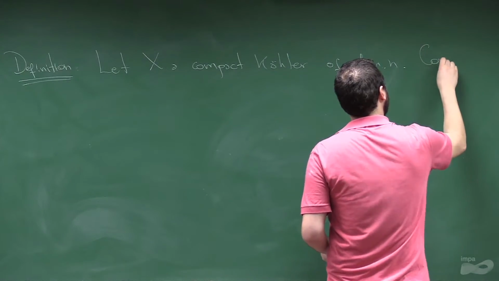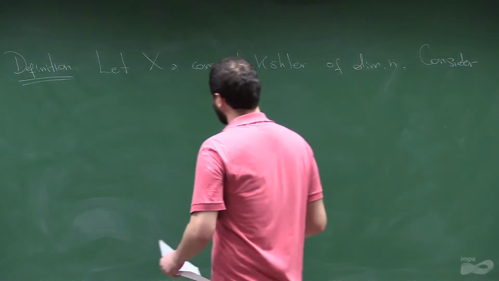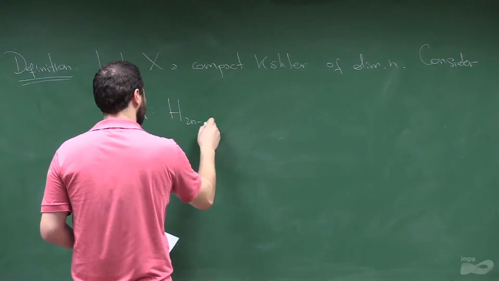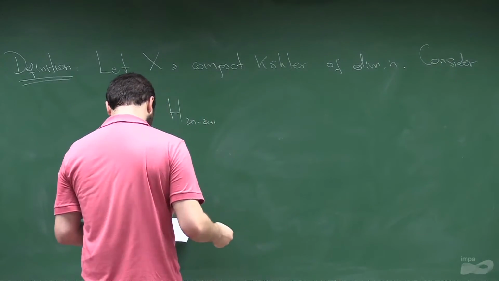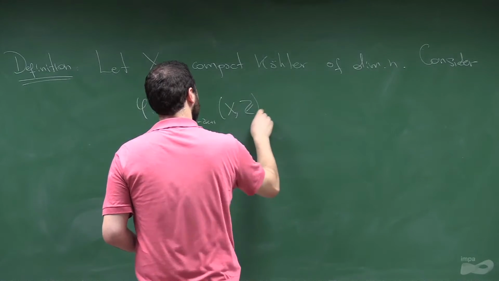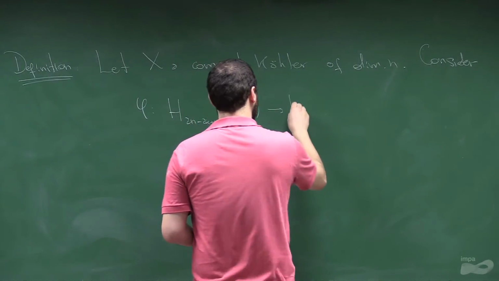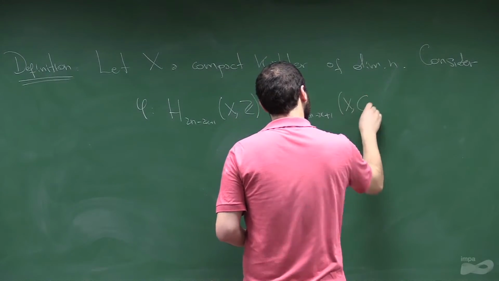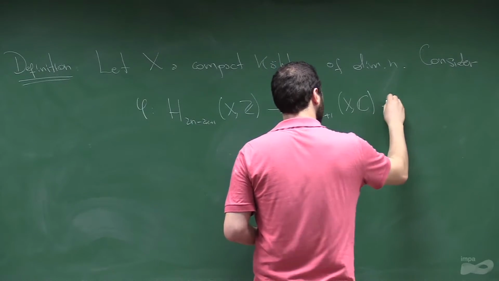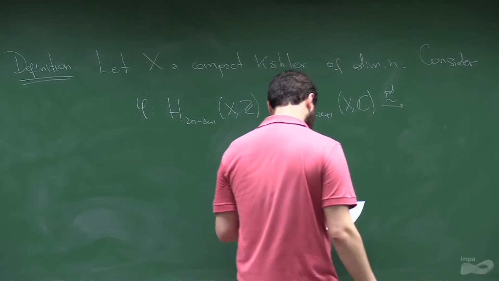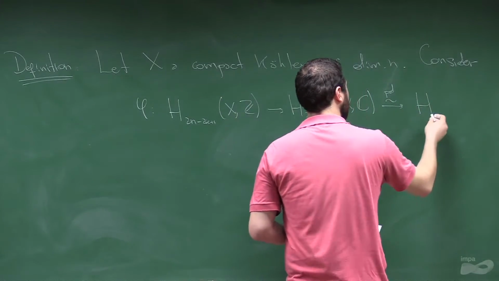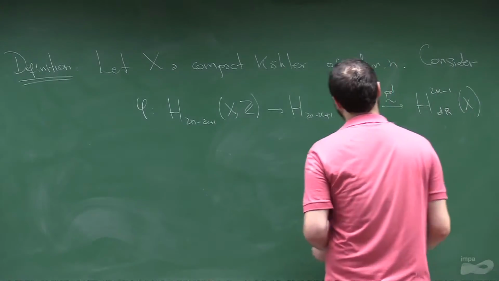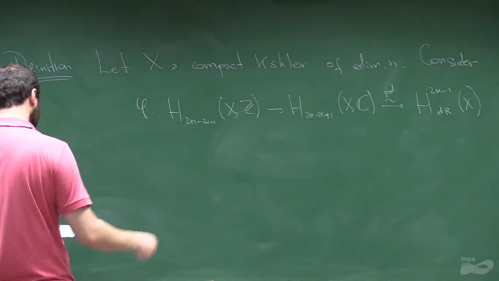So consider the map phi from H^{2n-2k+1} of X with integer coefficients to H^{2n-2k+1} with complex coefficients, and then consider this isomorphism, the Poincaré de Rham duality, H^{2k-1} de Rham of X. Right, consider phi being this composition.